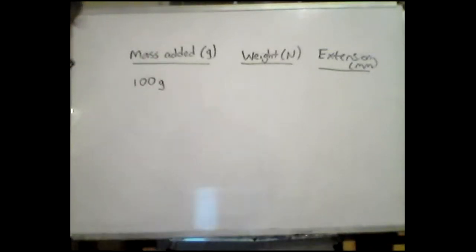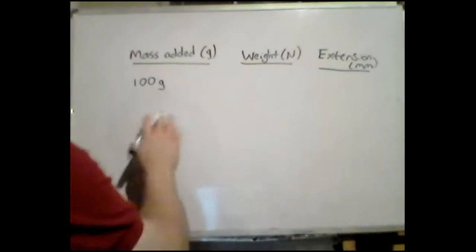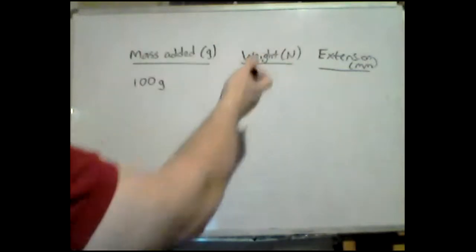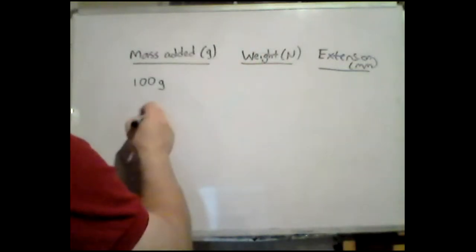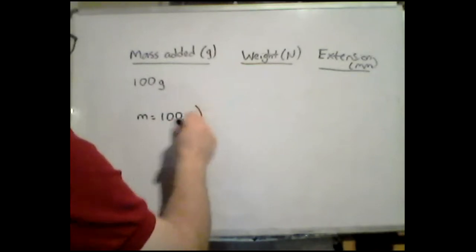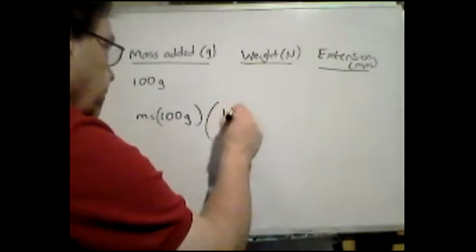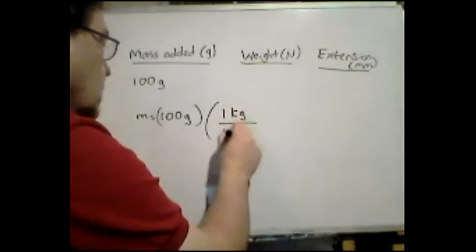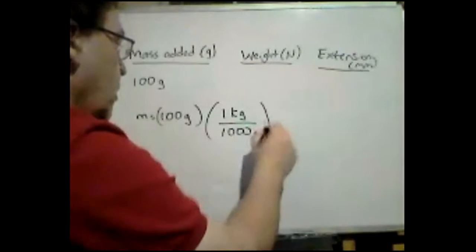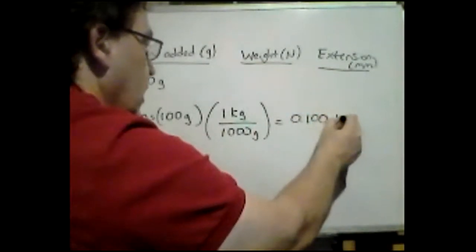However, I want to write that in terms of kilograms. If you remember, I want to get newtons. So how do I do that? Well, I have a mass that's 100 grams. What's a kilogram? 1 kilogram has 1,000 grams, so what I really have is 0.100 kilograms.